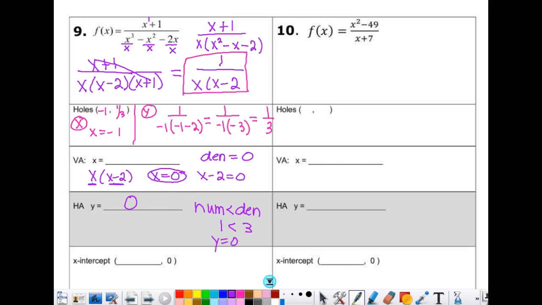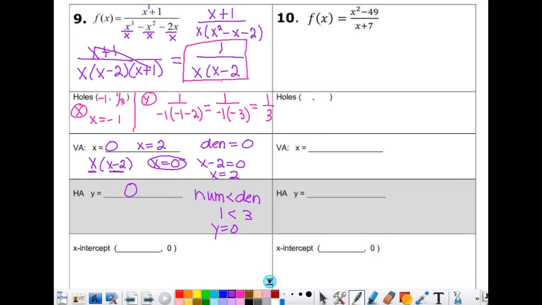So in this case, we have 2 vertical asymptotes: x equals 0, and the other one is x equals 2. Remember a minute ago I said sometimes you get 2 of things. This is a case where we have 2 vertical asymptotes.